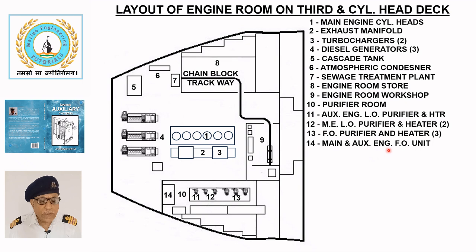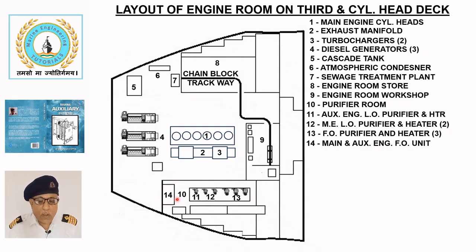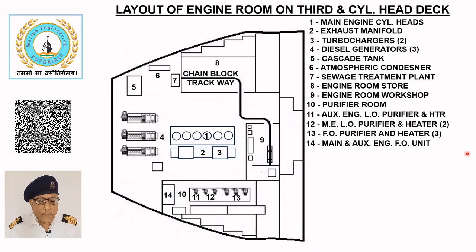Main and auxiliary engine fuel oil unit. The main and auxiliary engine fuel oil unit 14 consists of supply and booster pumps, suction and discharge filters, oil heaters, the viscotherm, and flow meters to supply fuel oil to diesel engines.